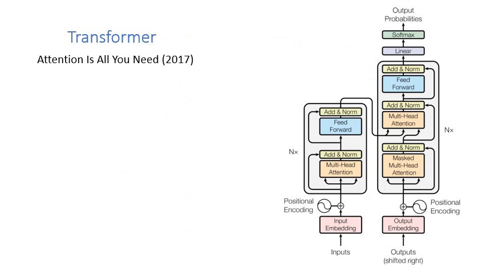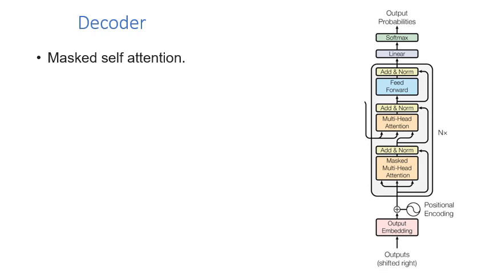Okay, let's look at the transformer again. The transformer has two parts, encoder and decoder, and we learned about the encoder. Now this is the decoder part of the transformer that we have to learn about.